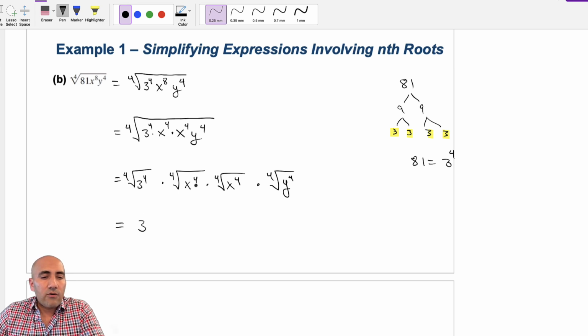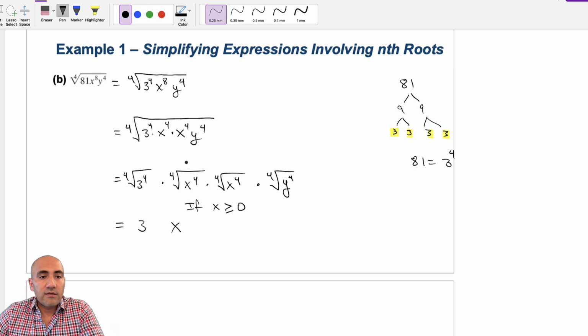Good. And now here we have a little issue because, again, I don't know if x is positive or negative. If I knew for a fact that x was greater than or equal to 0, then this would just be x, right?